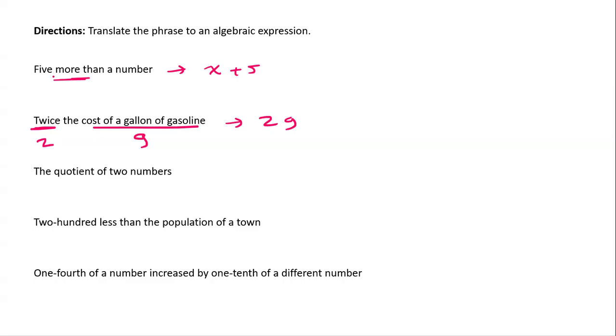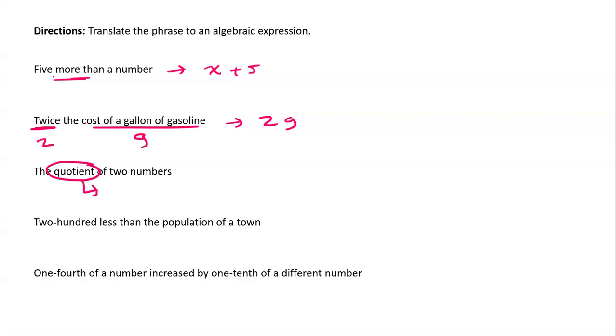Okay. The next one is the quotient of 2 numbers. What does quotient mean? That means to divide, right? So quotient means to divide. So the quotient of 2 numbers.